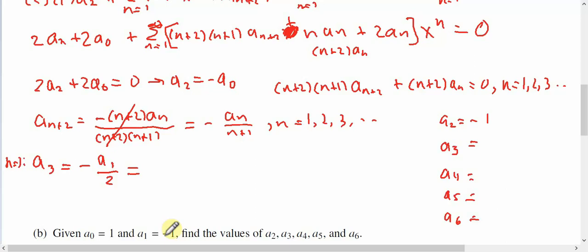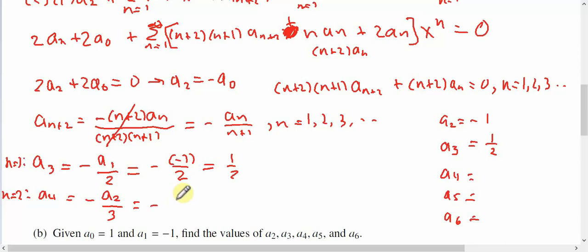But we're given a1 is minus 1, so that's going to be minus a minus 1 over 2, which is going to be positive 1/2. So there's a3. And then when n is 2, I get that a4 equals minus a2 over 3. But I already know a2 from up here, so this is going to be minus a minus 1 over 3, so I get 1/3.